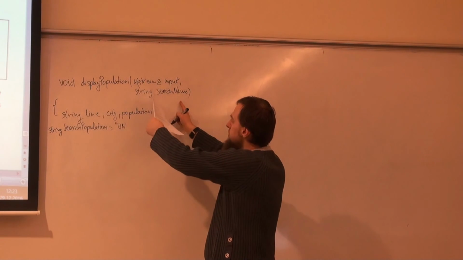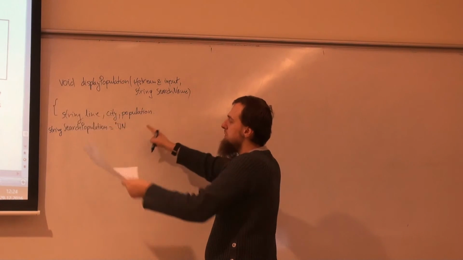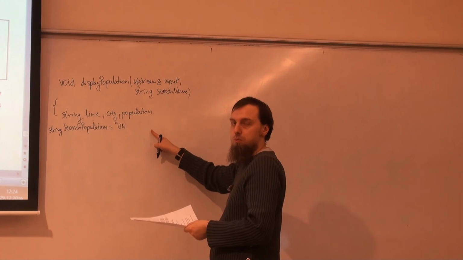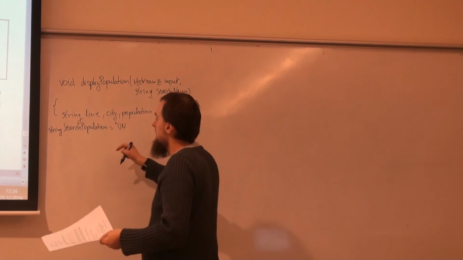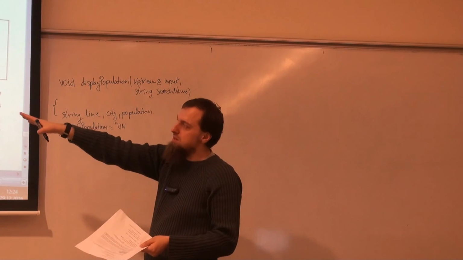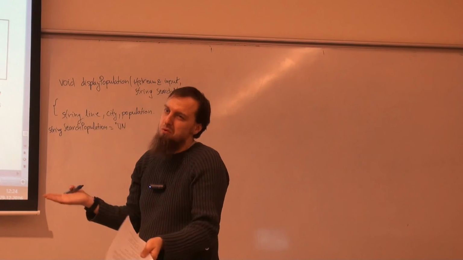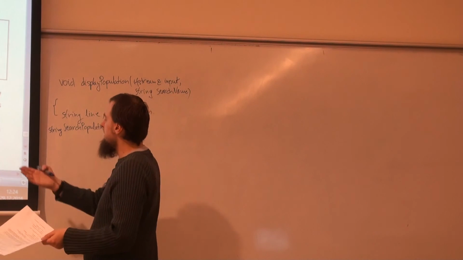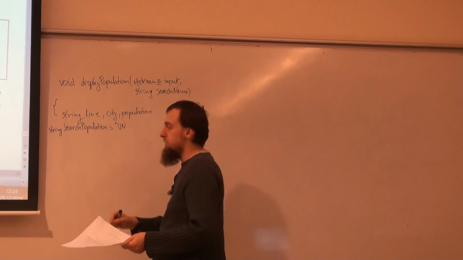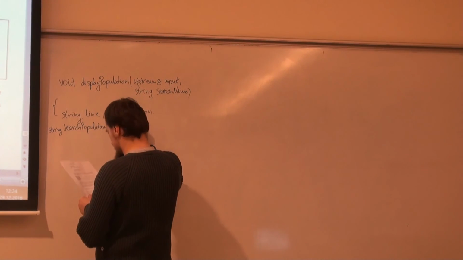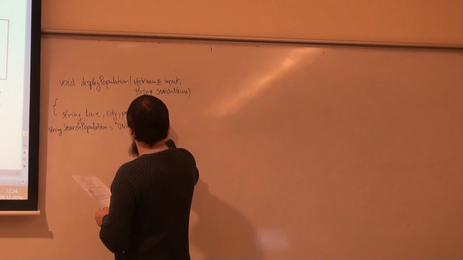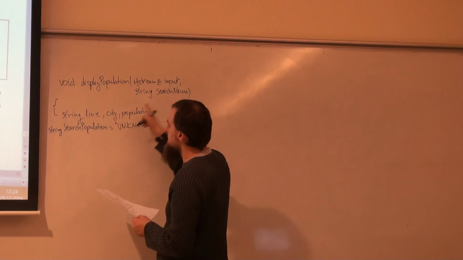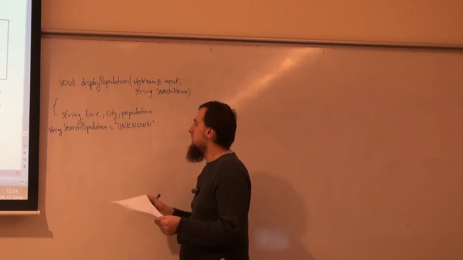If the search name that I've given as a parameter doesn't appear, the population of that city is going to be unknown because I don't have it. Yeah, you might see it as an integer, but we are going to see it as a string because we don't need it as for iStringStream. We should have strings always. So this is unknown. Meaning if I don't find the name of the city, the population of that city is unknown.